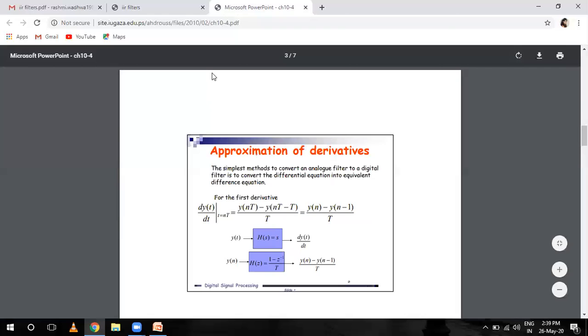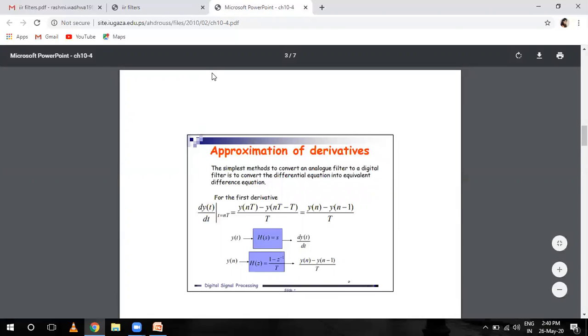Whatever our differential equation is, we change it into a difference equation. For the first derivative, dy/dt = (y(nT) - y(nT - T))/T. This is our backward difference, related to the first derivative equation.